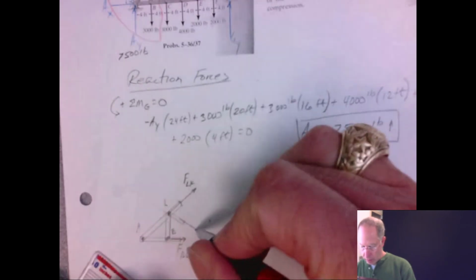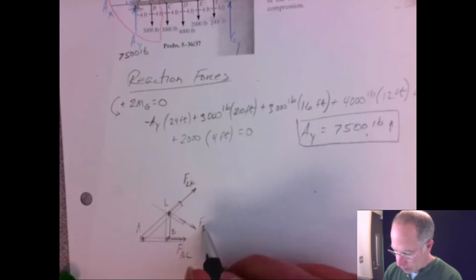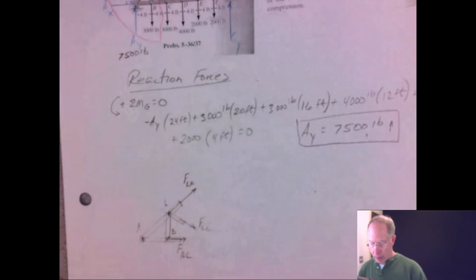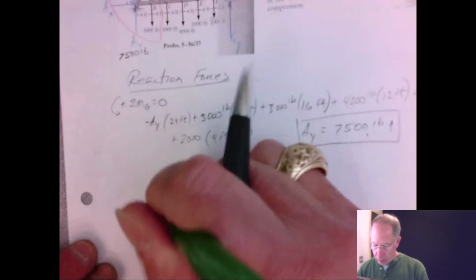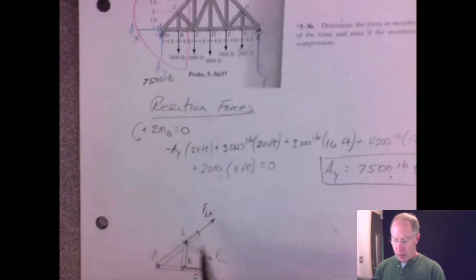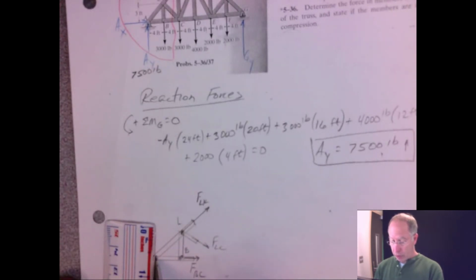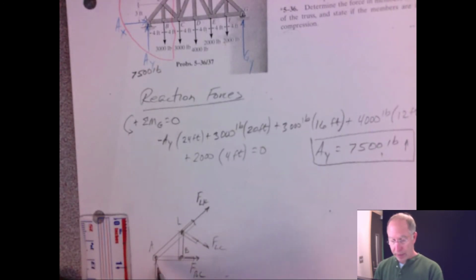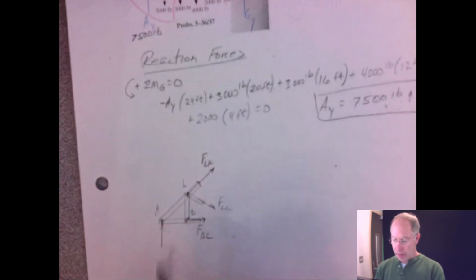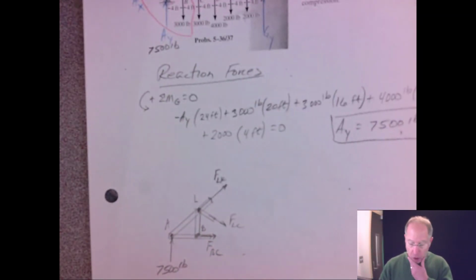So there's force LC. So that's a good start for a free body diagram of the section that I've chosen, except that I need to put a vertical force AY happening here, 7,500 pounds.